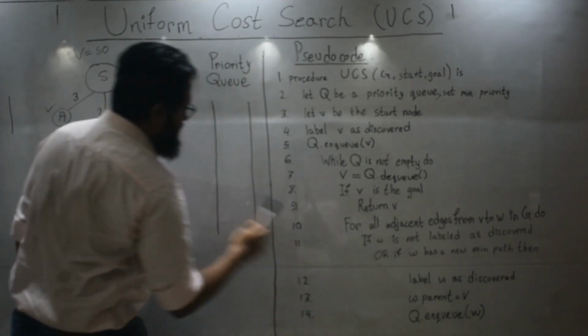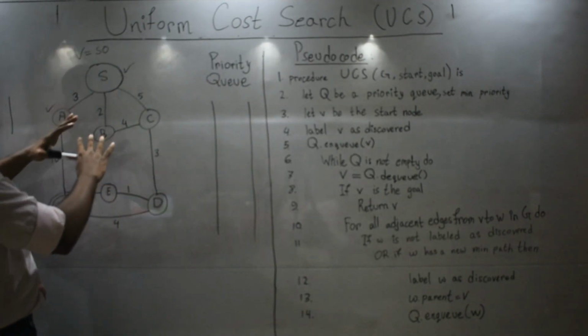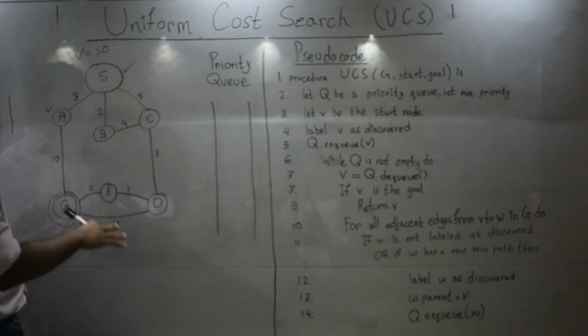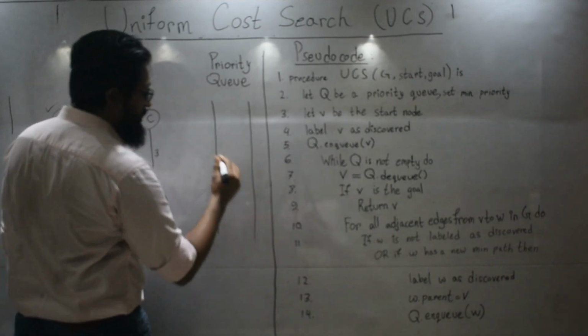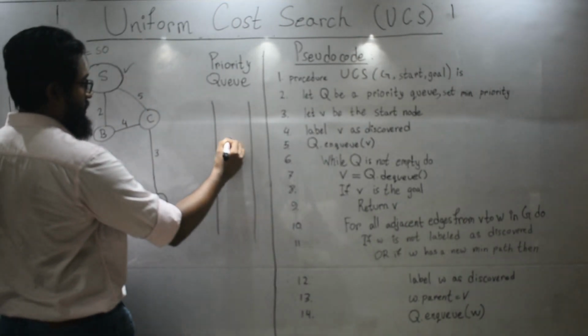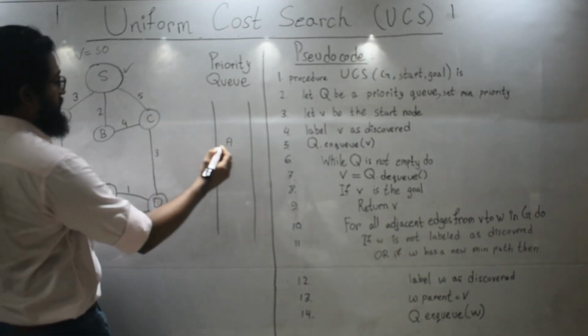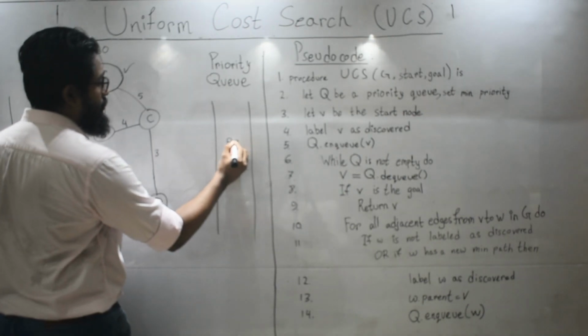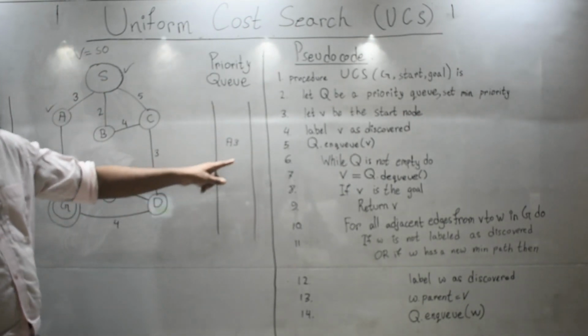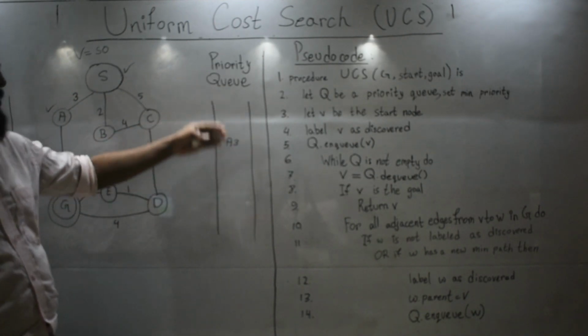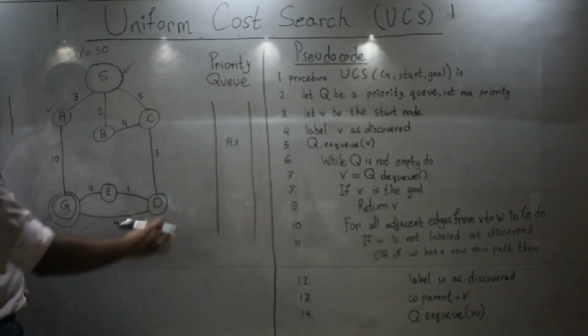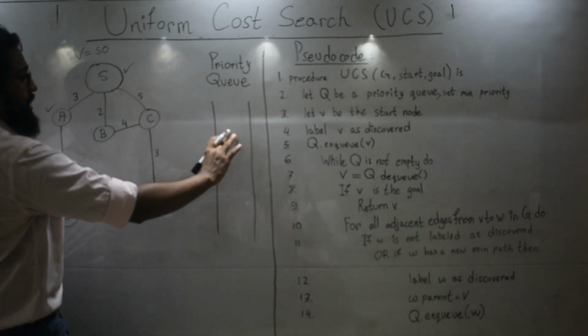This line is very difficult to show diagrammatically, so you just imagine it. We have discovered it and we will enqueue it. Enqueue A. A has a path cost of 3. Why have I written it like this? Because it's easier for us to keep track of which node has how much cost.